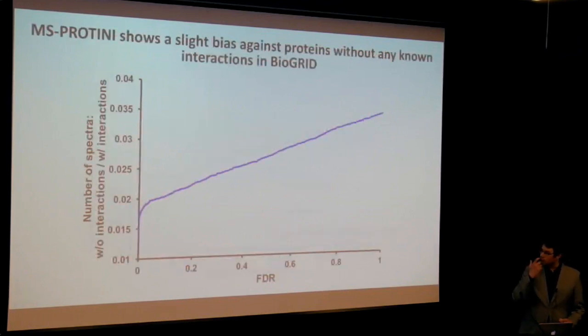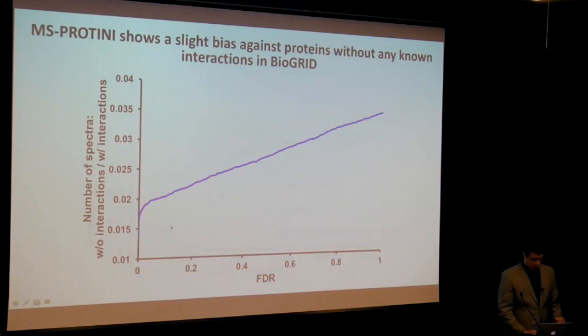And so what we looked at, first of all, was determining the proteins that had no known interactions in BioGrid, and we had about 3.5% of the data set that we were studying with no interactions in BioGrid. We see that at very low false discovery rates, close to zero, we actually identify about half of those 3.5% proteins. So we're quite happy about that.